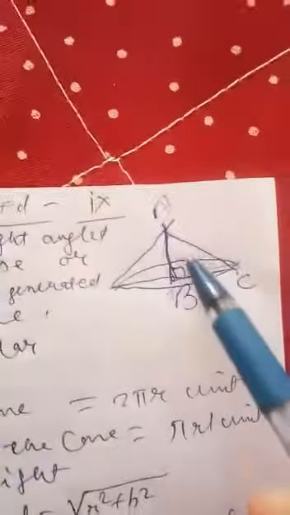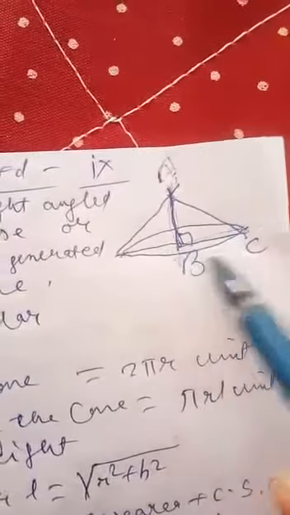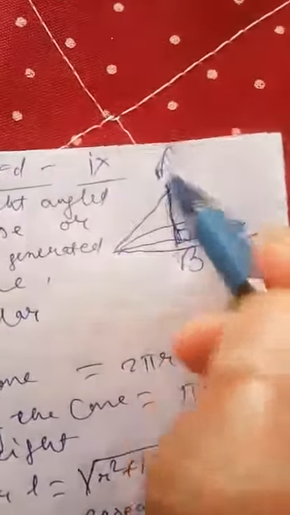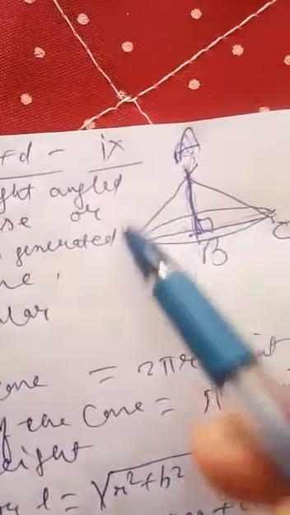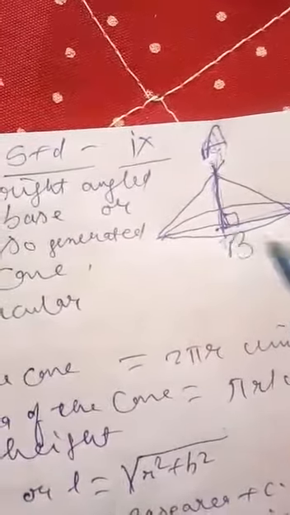Again you see here, if this right angle triangle is rotated along its perpendicular or along its base, then the figure so generated is a right circular cone. Now dear students, we have to write some formula over here.